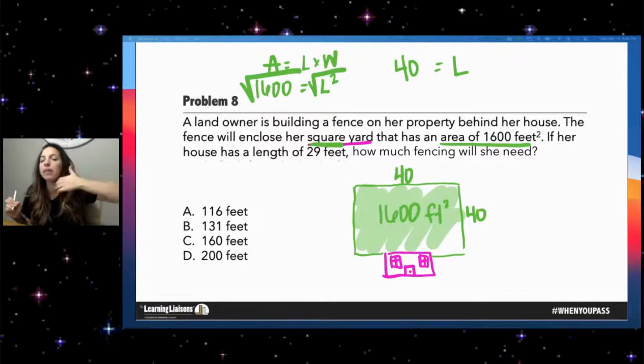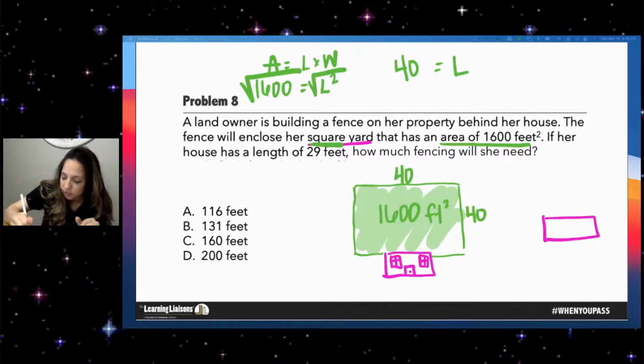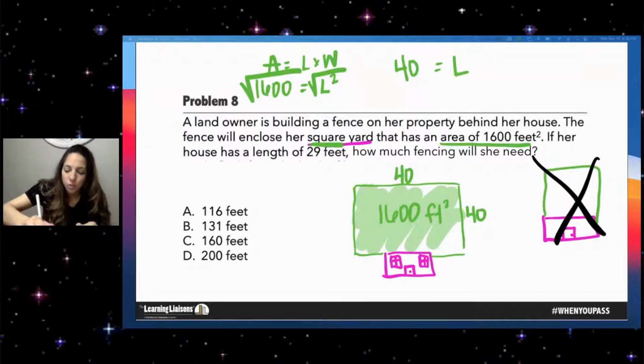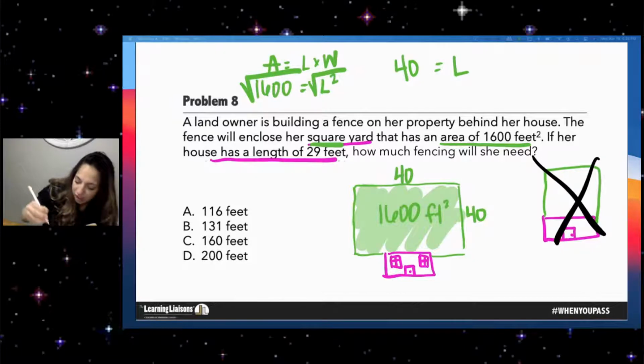So what does that mean? That definitely means that the yard does not do this. Why? Why does that mean the yard does not do that? Because we were given the dimension of the house. The house is 29 feet long. So this right here is 29.